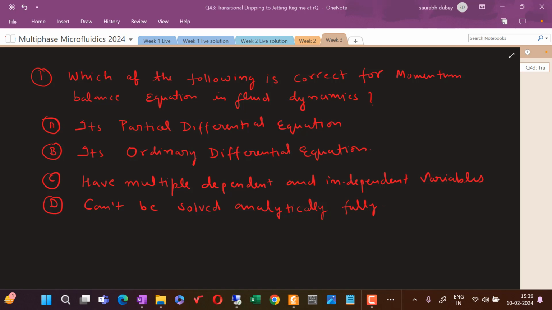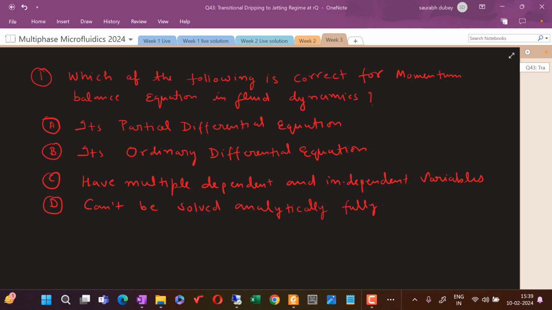Definitely, when you have looked at the Navier-Stokes equation, you have seen that you have the velocity in the x direction, that is u, the velocity in the y direction, that is v, the velocity in the z direction, that is w, and then you have pressure also in that. There is a force of gravity also.